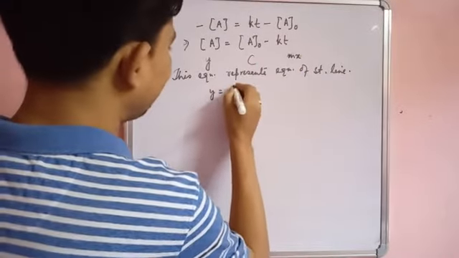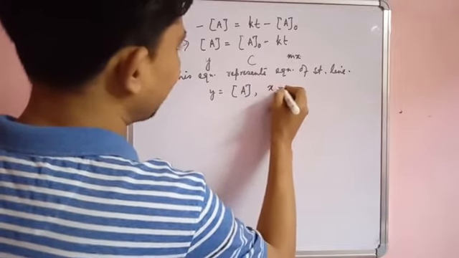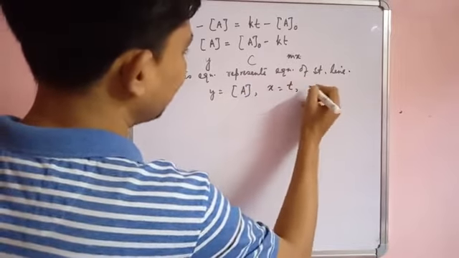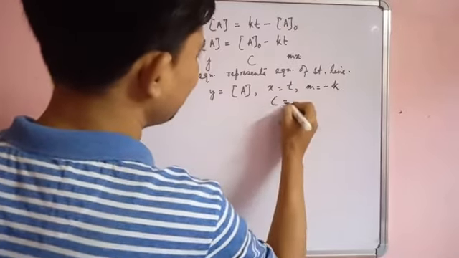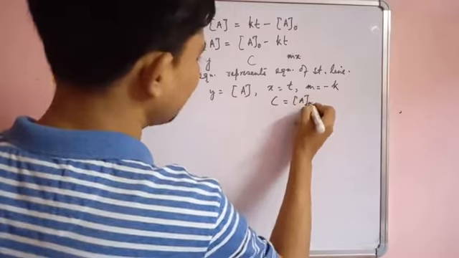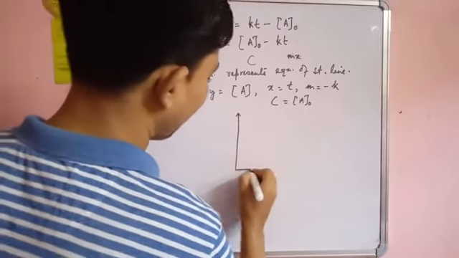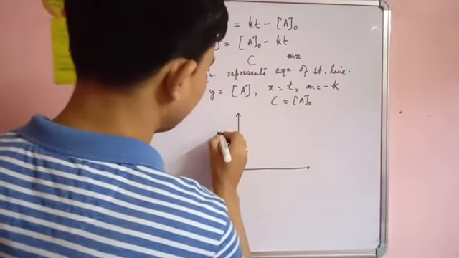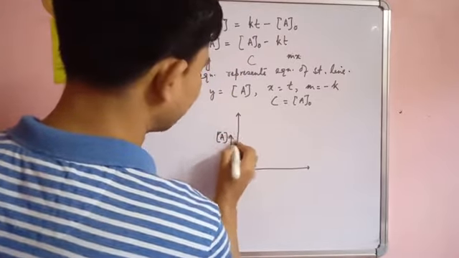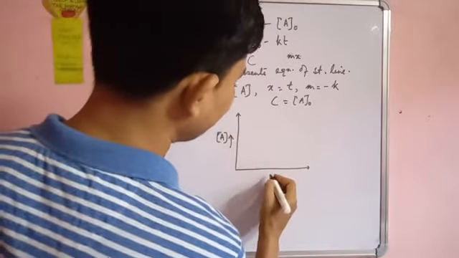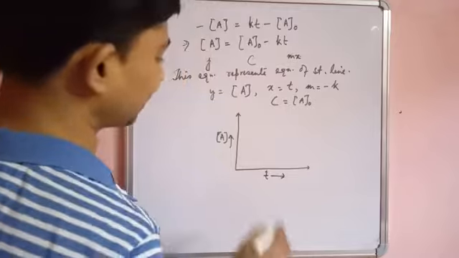So y here is a, x is t, m is minus k, and c is a naught. So if we plot this y, that is a, versus x, that is t, what will be the type of graph?